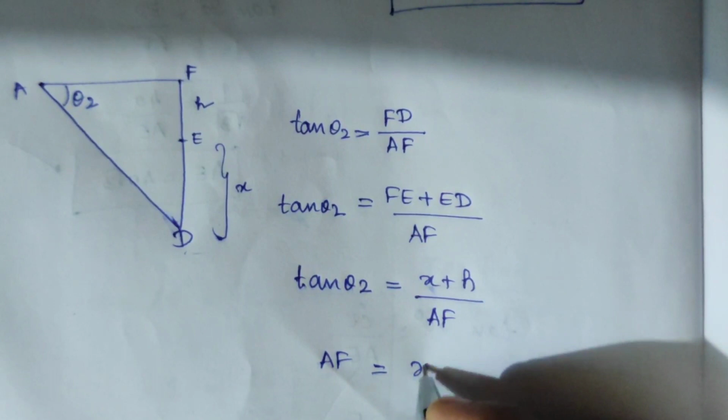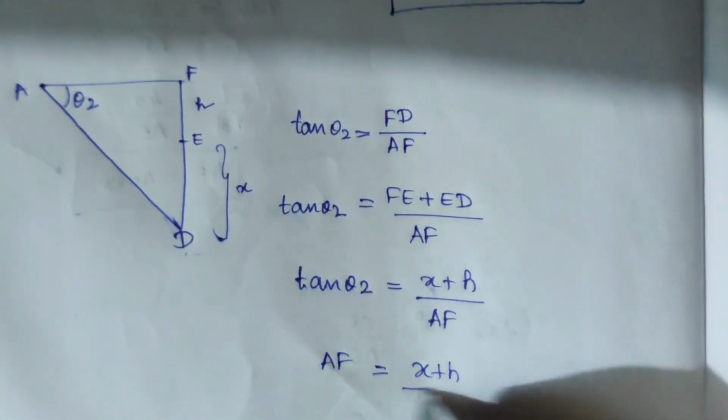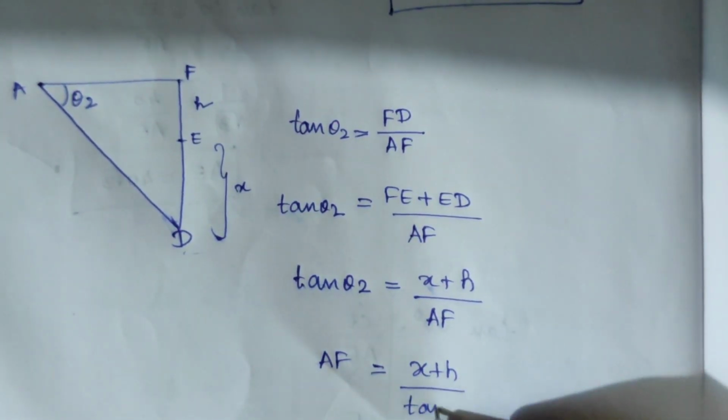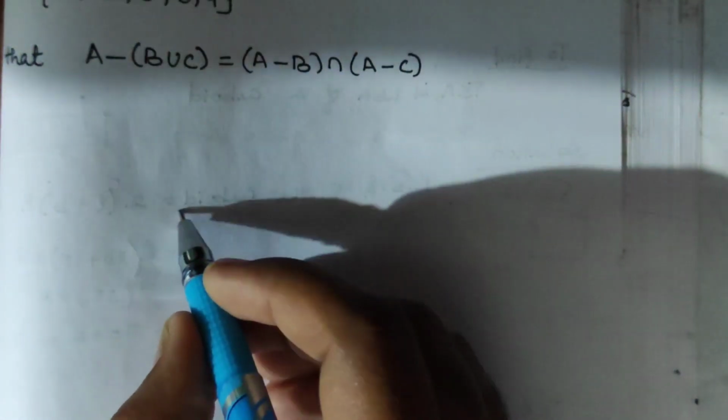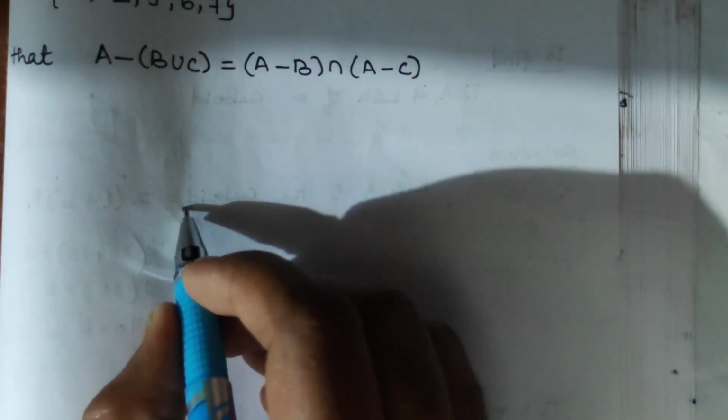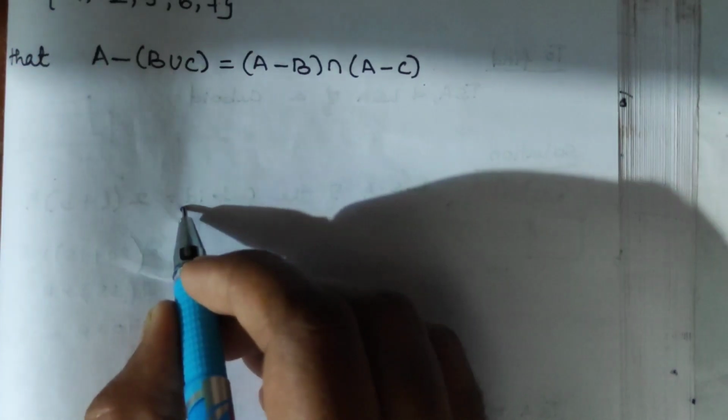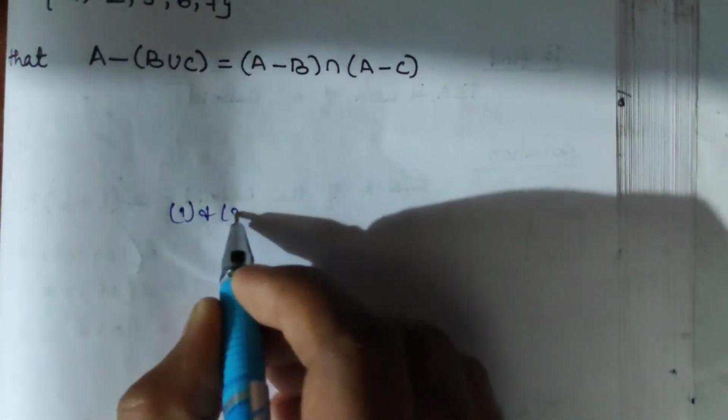So AF is equal to h plus x by tan theta 2. So both give AF as something on the right-hand side. I am going to equate equation 1 and 2 which I got now.